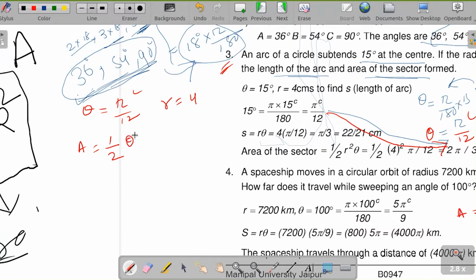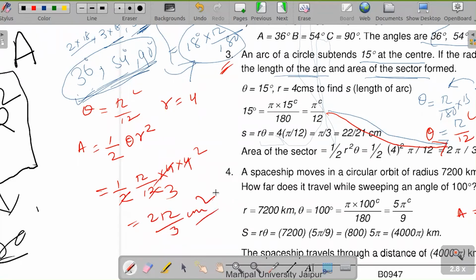Theta means pi by 12. R square is 4 into 4, and now it comes 2 pi by 3 centimeter square. Fine. Is it clear now, everyone?